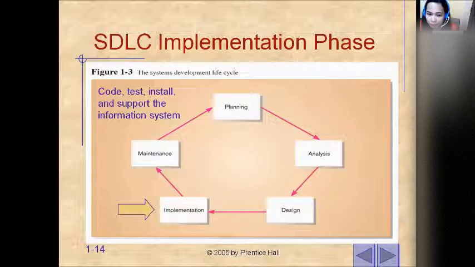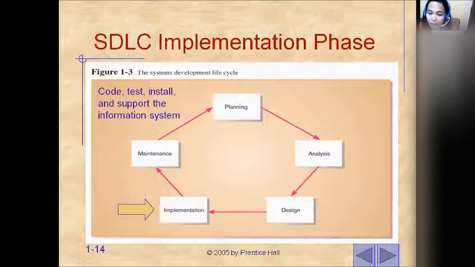Moving on, implementation. The implementation phase involves code, test, install, and support of the information system. The design phase creates the modules, where you put the buttons and the forms. But of course, the coding goes into implementation.